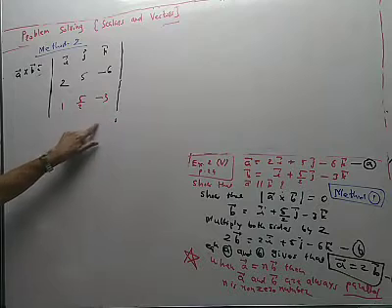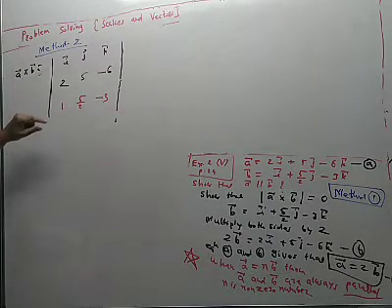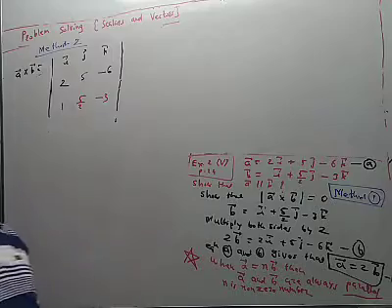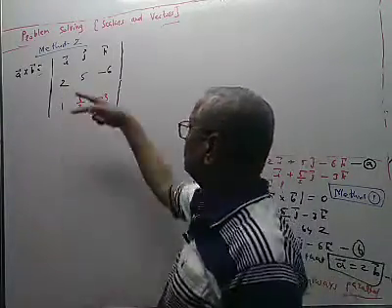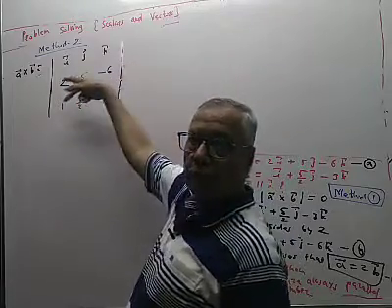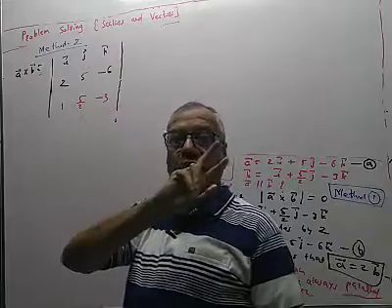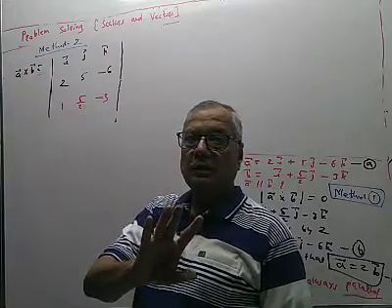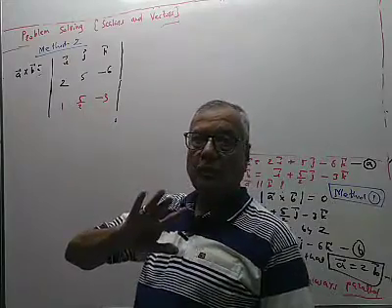So now we know the method for solving the determinant. In mathematics, you might have learned this topic, determinant. If any two rows out of 3 are same, then that determinant has value 0.